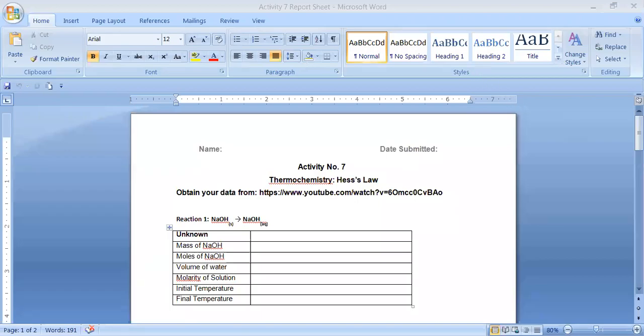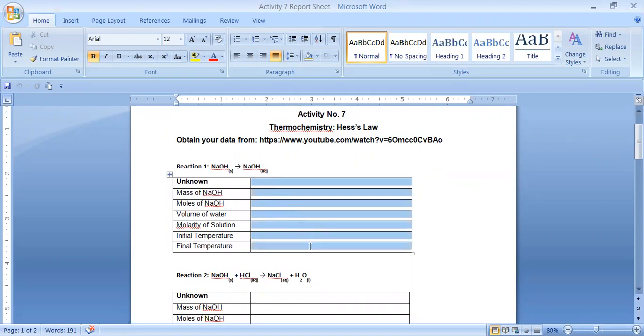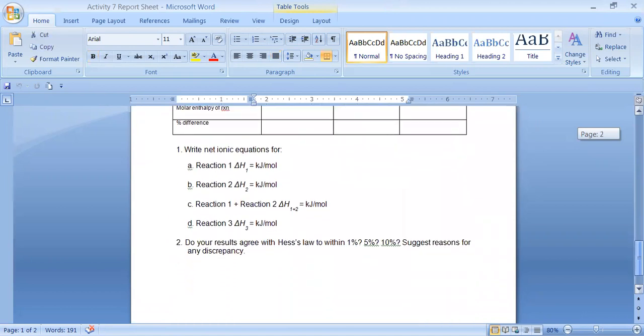So this is your report sheet for your next activity. Here, you have to obtain your data from the second video. The link is for the first video, but you are going to get your data from the second video. You need to fill up all the needed information, and then you have to show all your calculations.